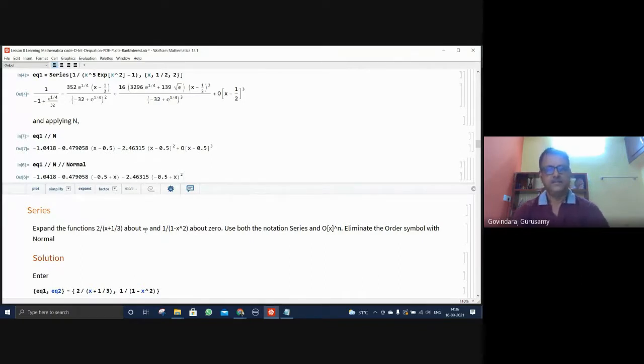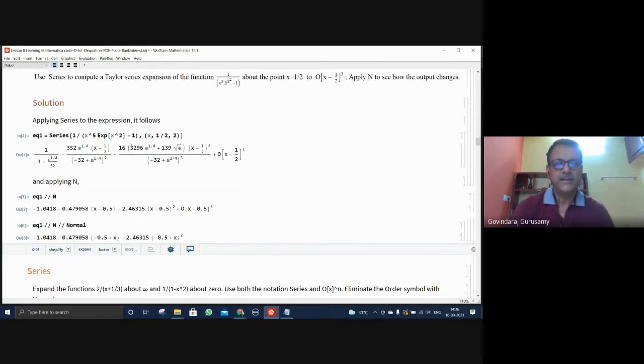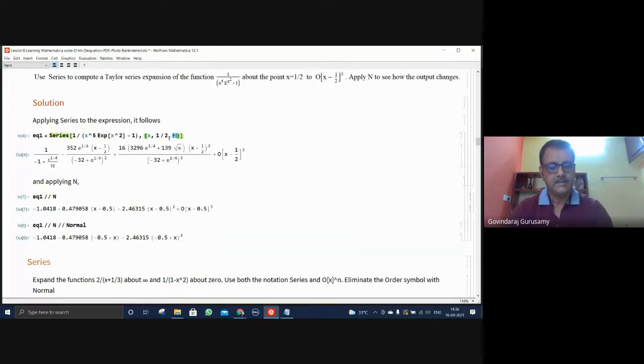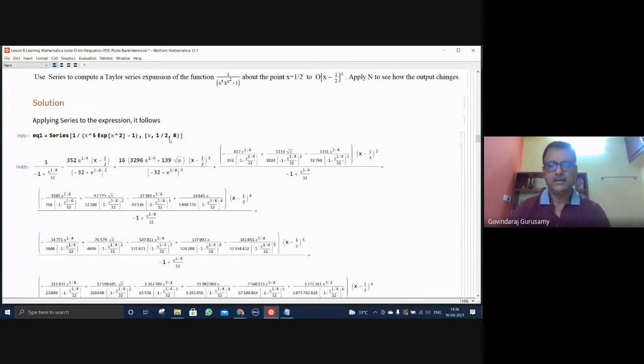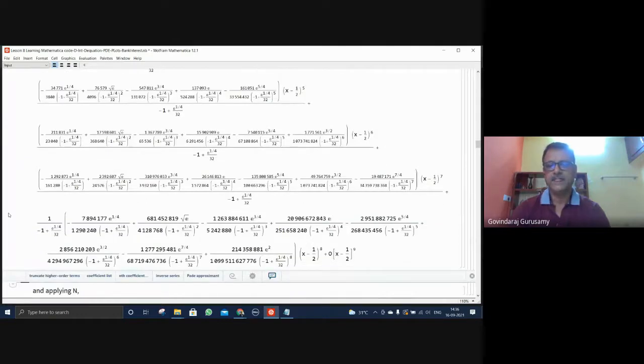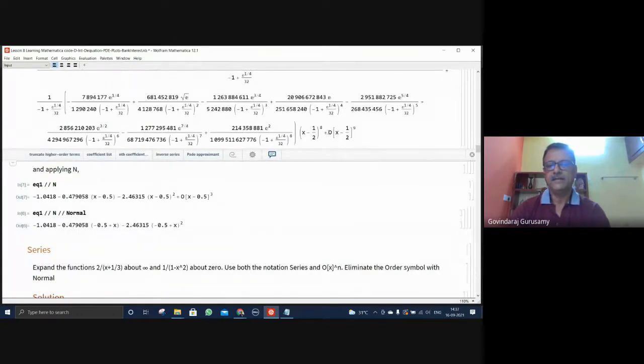Right. And the number of terms can be even more. For example, I can have something like 8 terms, and you will see the corresponding series. Then the 9th term is the error component. So the error will get reduced when you expand further.